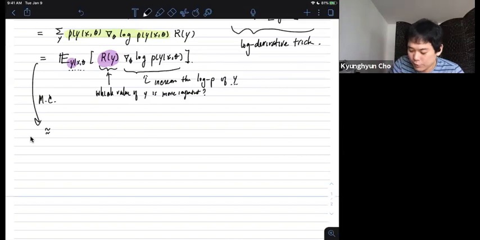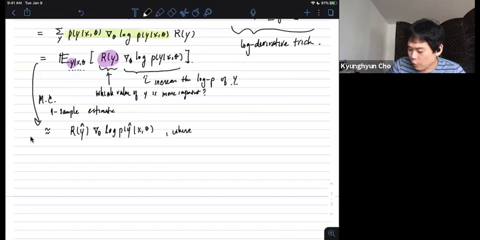We're going to use a single sample. So the Monte Carlo single sample estimate is simply R of y hat times the gradient with respect to theta of the log p of y hat given x and theta, where y hat is a sample from y given x and theta.